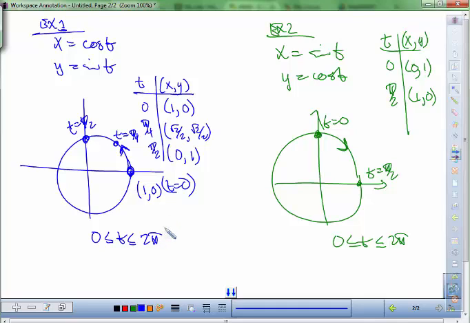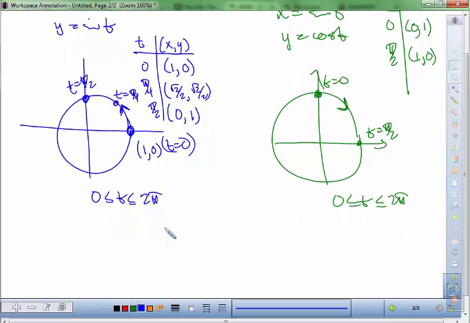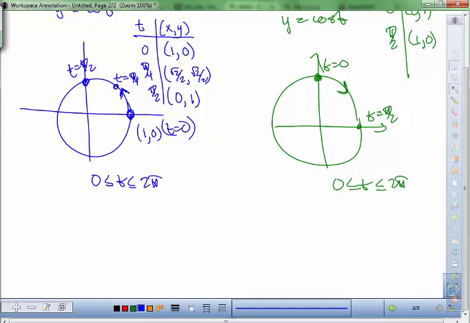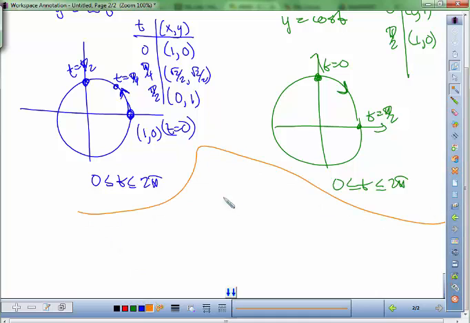I had a slightly different example that we can do, and that is an x and y combination of sines and cosines again. But this time, I put a 2 pi in.